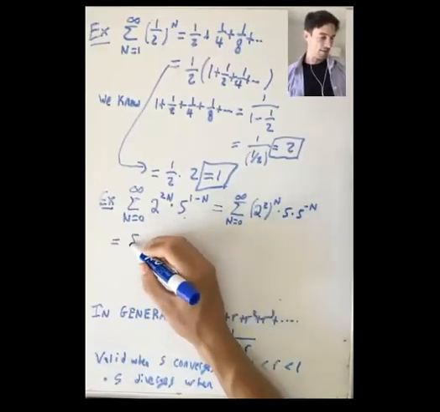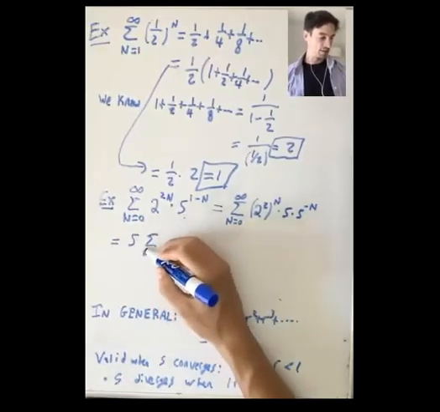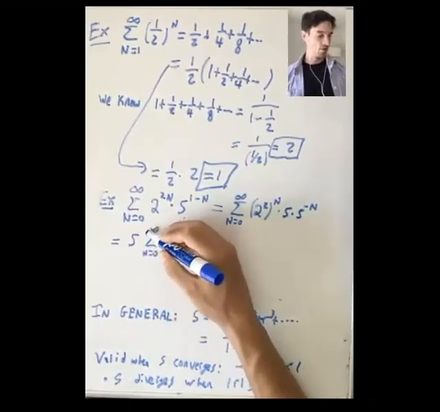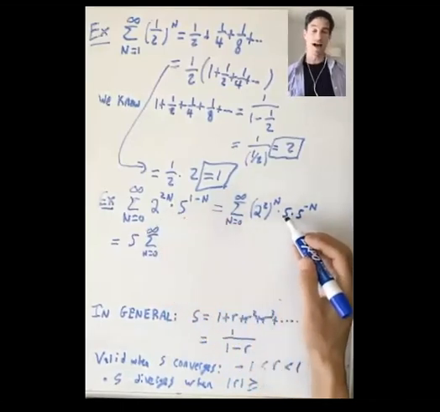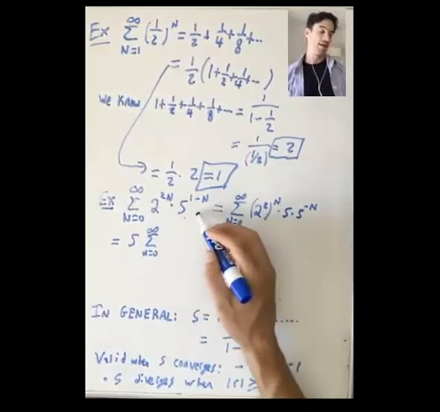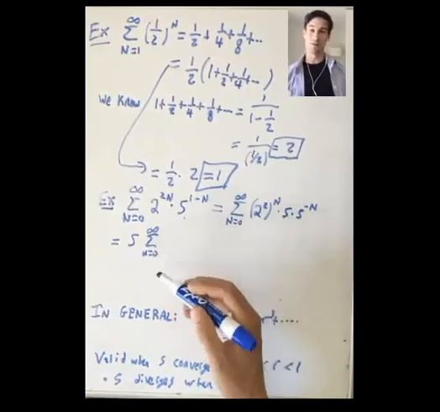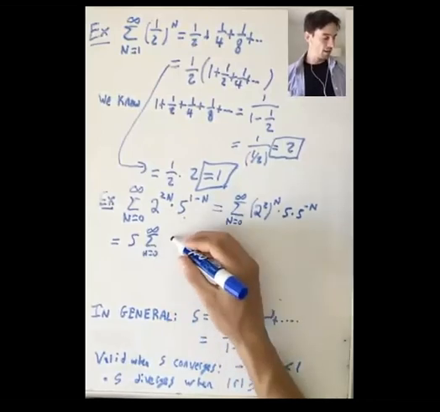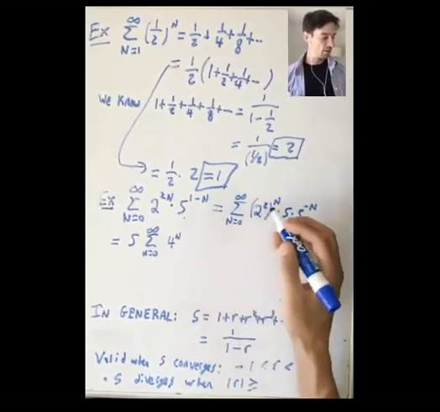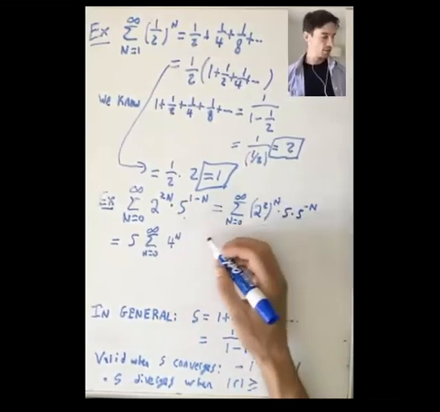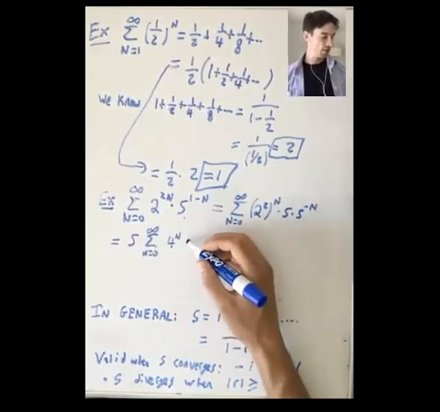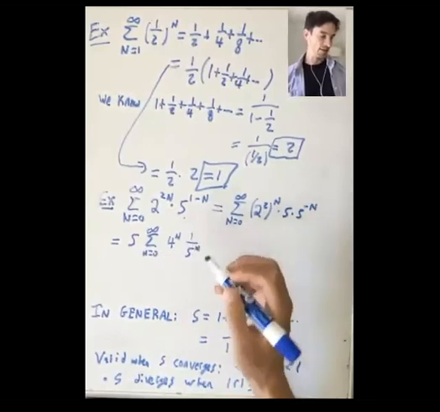So we have 5 times the sum from n equals 0 to infinity. You can factor a 5 out of an infinite sum like this, just like you can with numbers using the distributive law. And now we have a 4 to the n, 2 squared is 4, times 5 to the minus n, which is the same as 1 over 5 to the n.